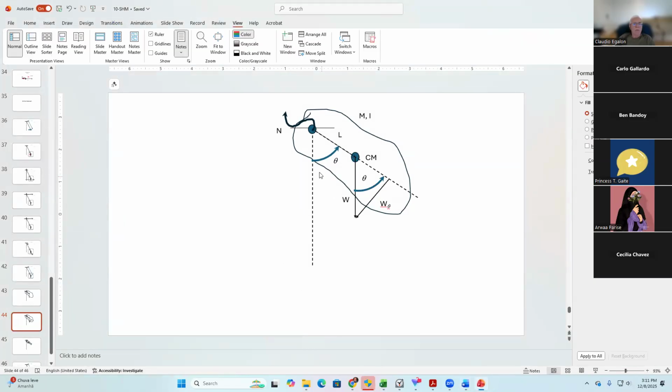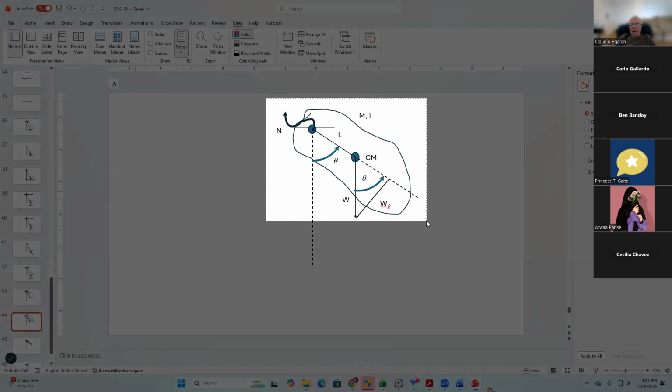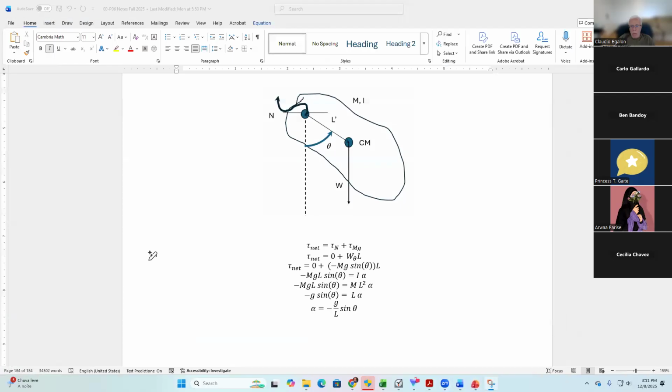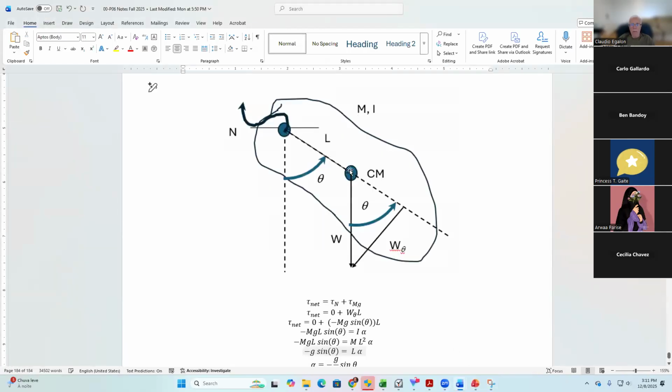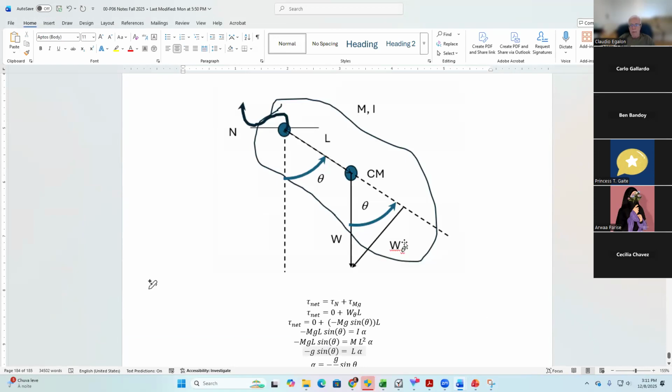Let me copy this one that has an updated version of the parameters. Here you go. Now I got it. The weight goes against the direction of measurement of the angle.